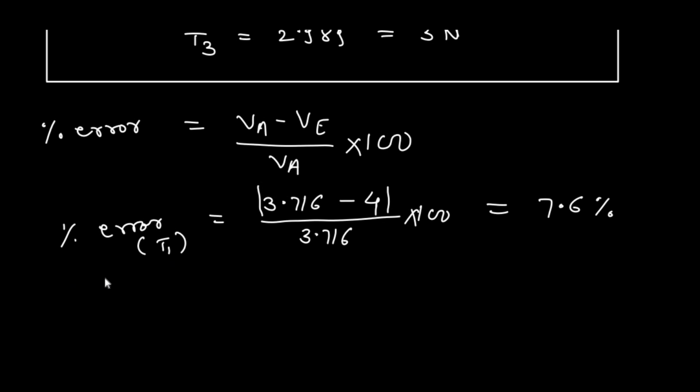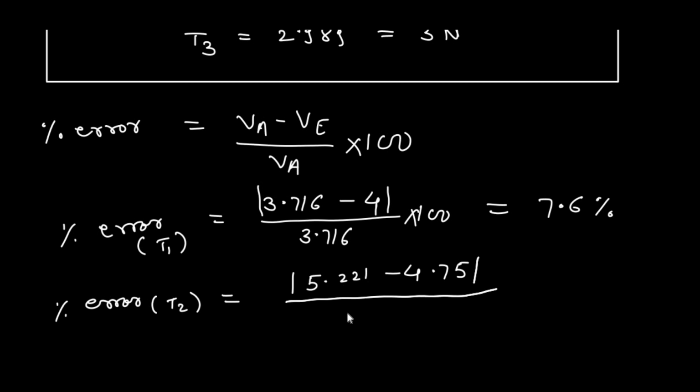Similarly, we will calculate the percentage error for T2. For T2 we have the mod of 5.221 minus the experimental value 4.75, divided by the analytical value 5.221, multiplied by 100.